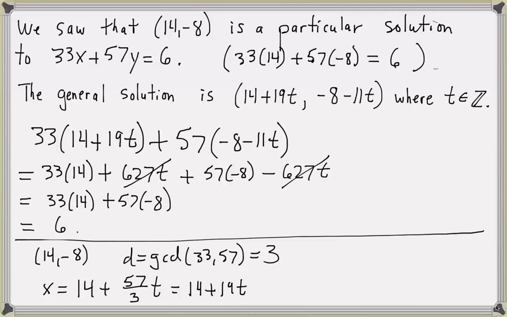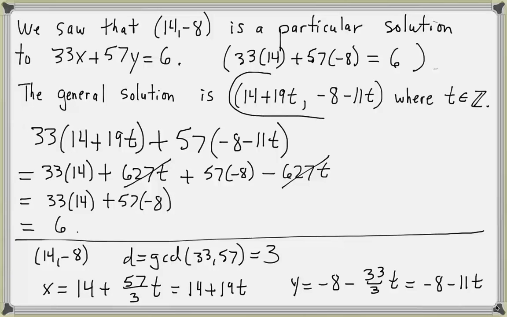The y coordinate for the general solution is y equals -8 minus a over d, so 33 over 3 times t, which reduces to -8 minus 11t. So that's how I got the general solution, (14 plus 19t, -8 minus 11t), where t is any integer.